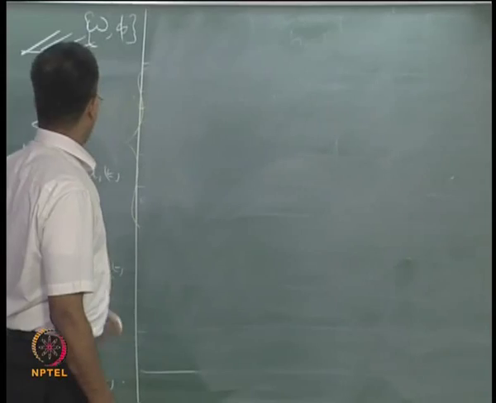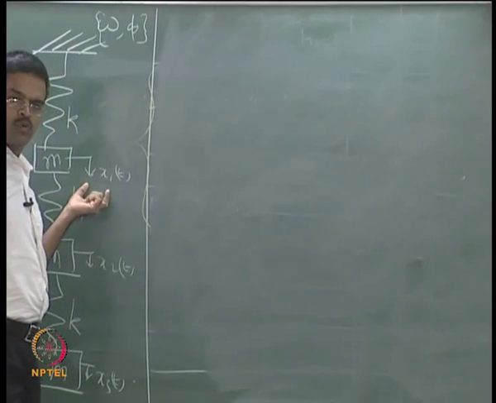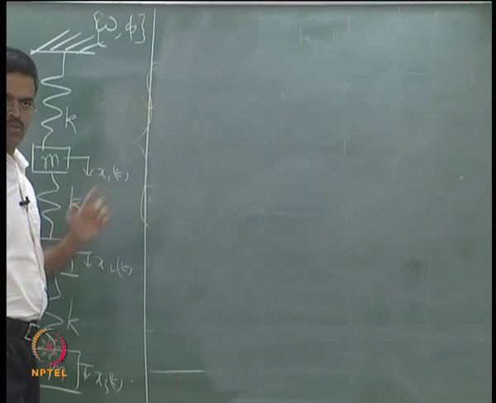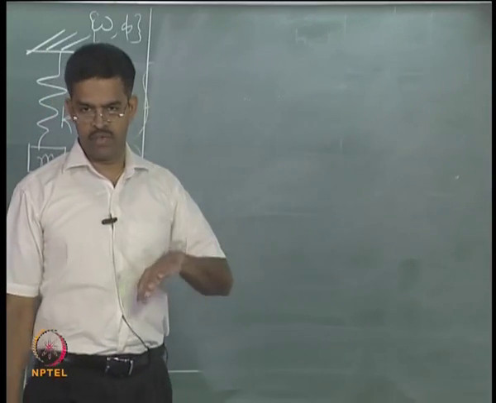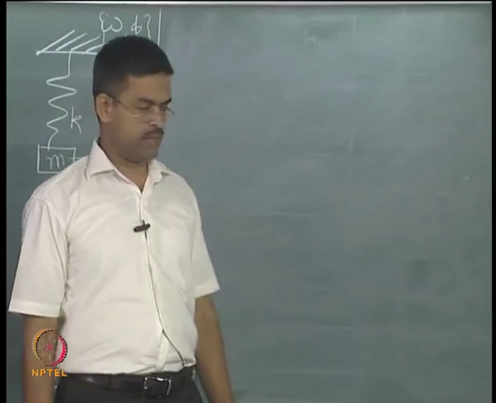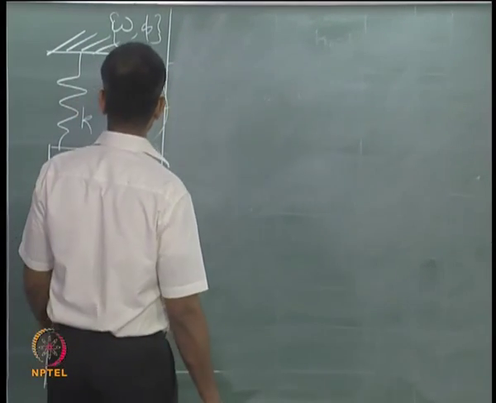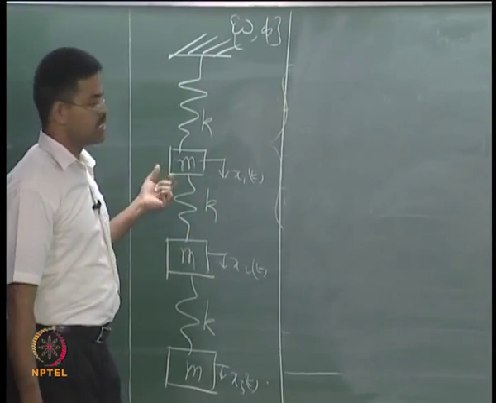Now, the difficulty to solve this problem using influence coefficient or Dunkerley is that both methods will demand the alpha matrix. So, we need to find out the alpha matrix. There is a very interesting shortcut method to find the alpha matrix for this.